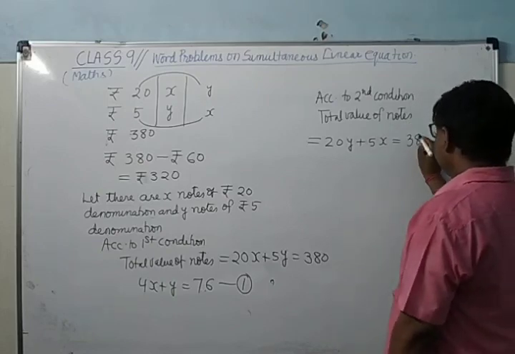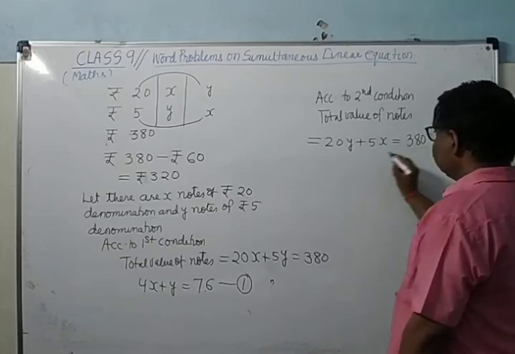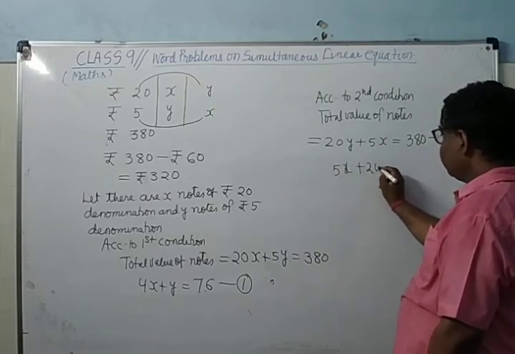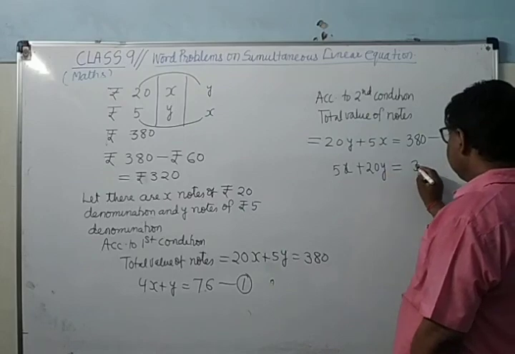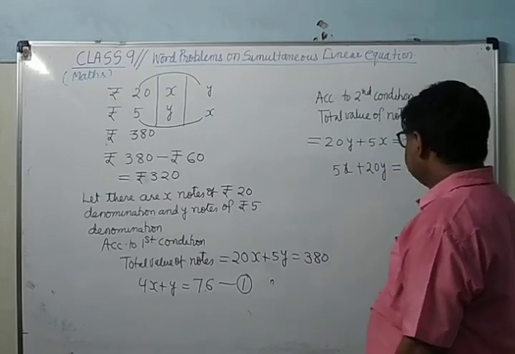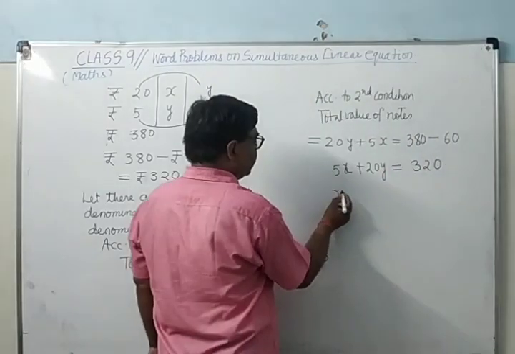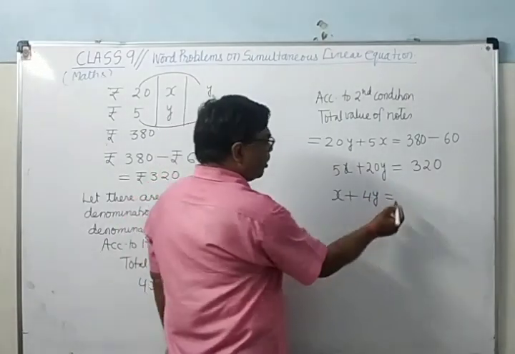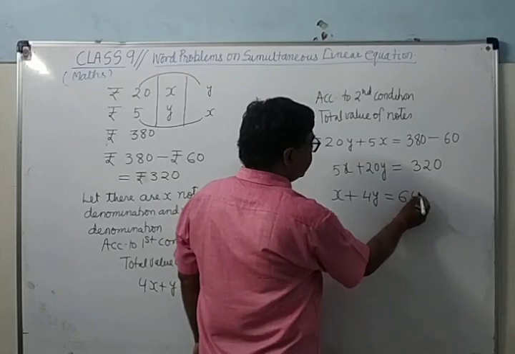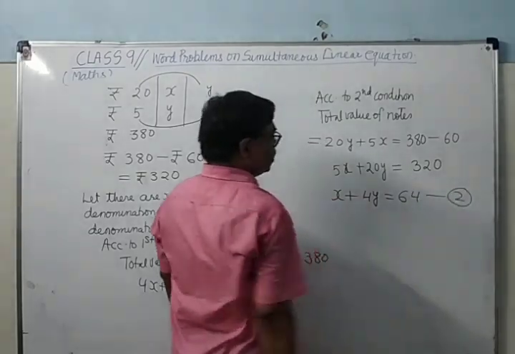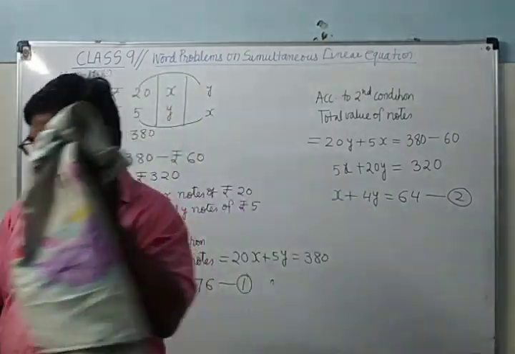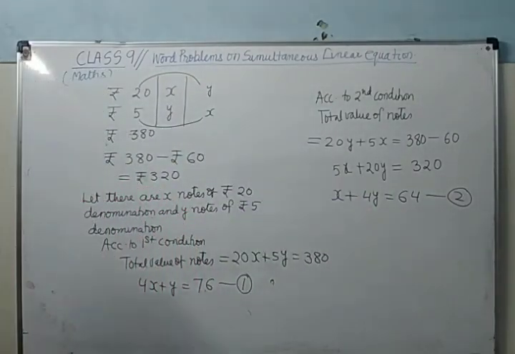So 380 minus 60, that is 5X plus 20Y equals 320. You cancel by 5: X plus 4Y equals 64. This is the second equation, and then you can solve it further. Is it clear? So this way you can solve.